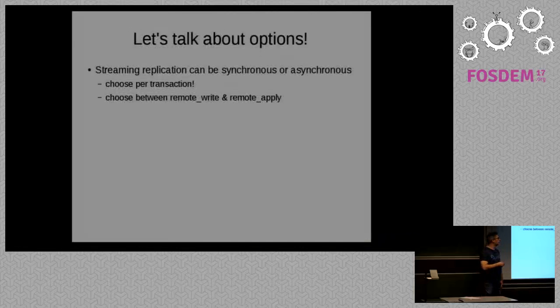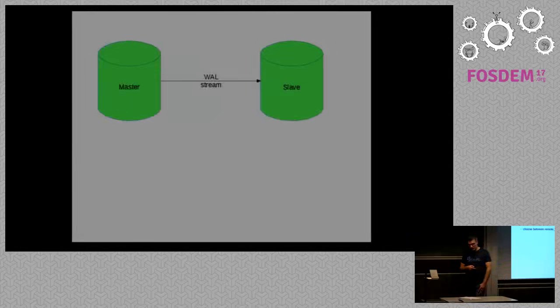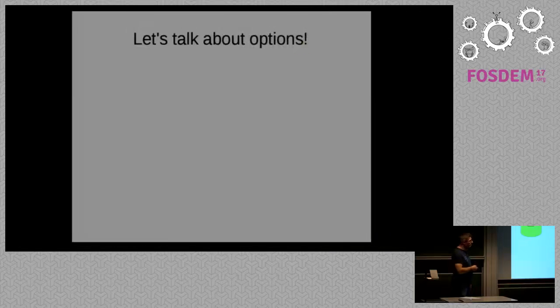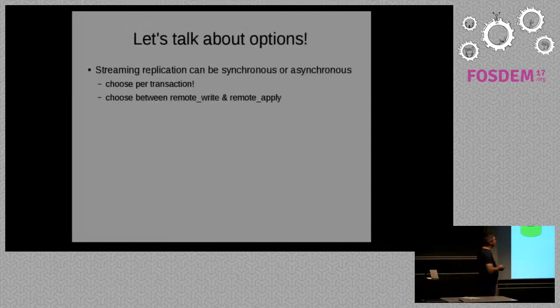And still you can choose between remote write, remote write on and remote apply. So do I want to commit my transaction here at the moment that the packet has reached the slave, when the packet has been written to disk persistently on the slave, or when the slave has actually replayed it and will serve the same information like the master?